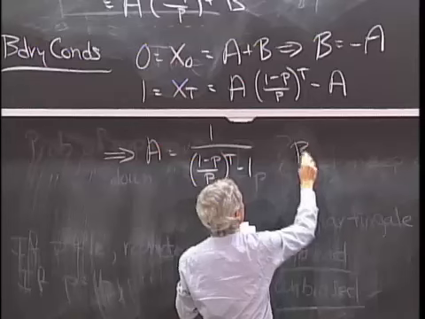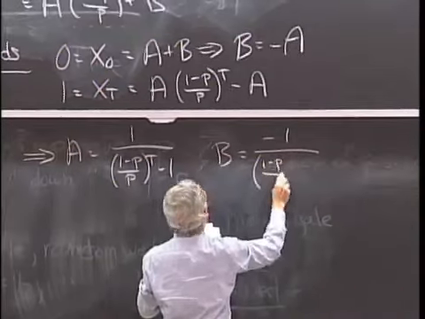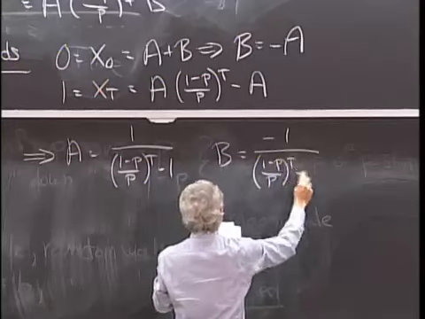And B is negative A: minus 1 over (((1 minus p) over p) to the t minus 1).